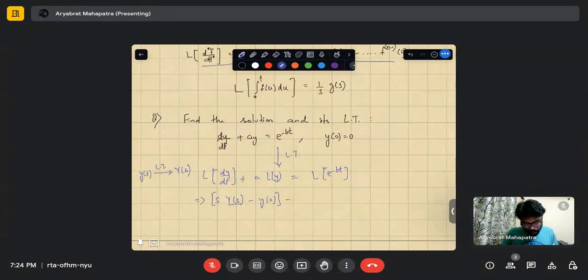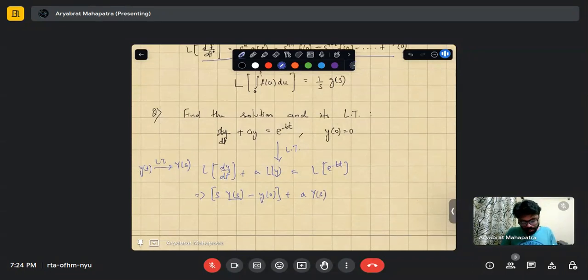Plus a times the Laplace transform of y, that is a times Y(s), since the Laplace transform of y(t) is Y(s), which I am denoting right here.